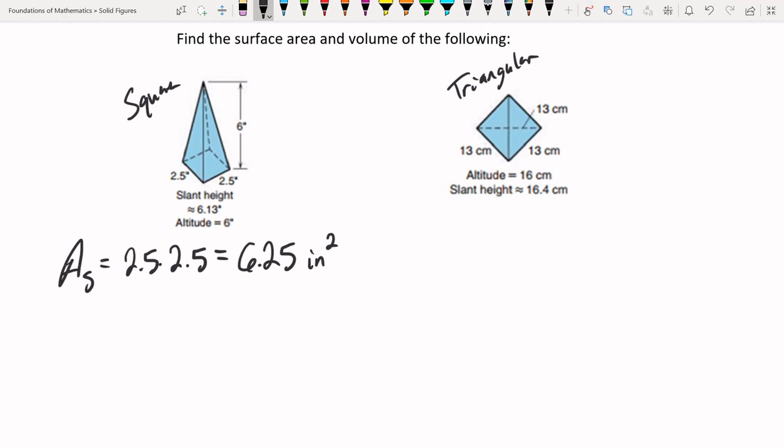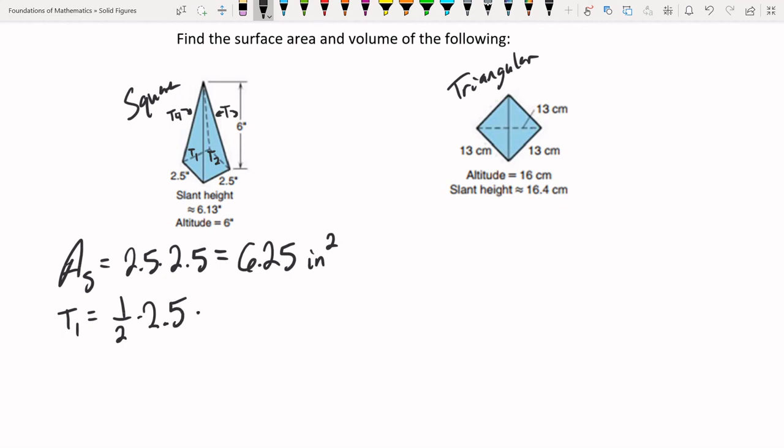Now we need to find the 4 triangular sides. We have triangle 1, triangle 2, triangle 3 is on this side, and triangle 4 is on the back side. To find the area of triangle 1, it is 1/2 base times height. The base of this triangle, the bottom part, is 2.5.